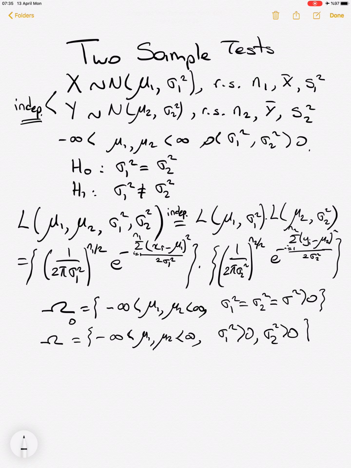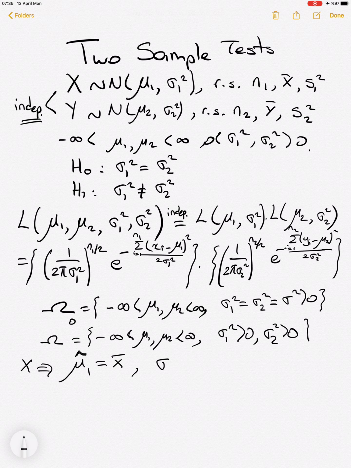Okay, so let's consider the first one. We know that for the normal distribution for random variable x, the maximum likelihood estimator of mu1 is x bar, right? You can derive that. If you don't know, you have to derive it. Since we know that, I don't want to derive it.